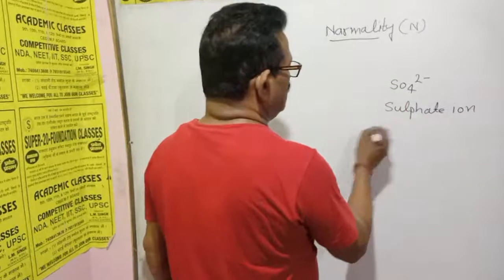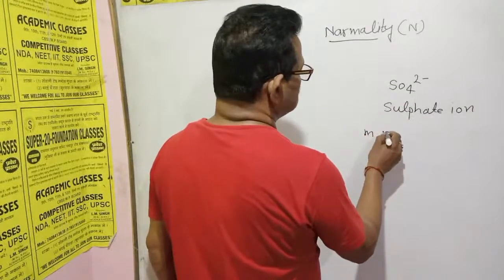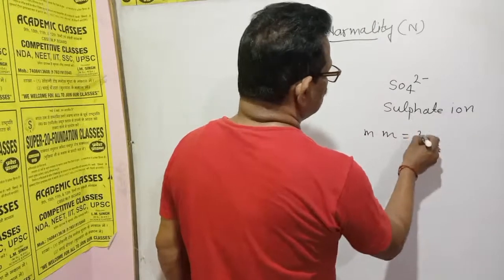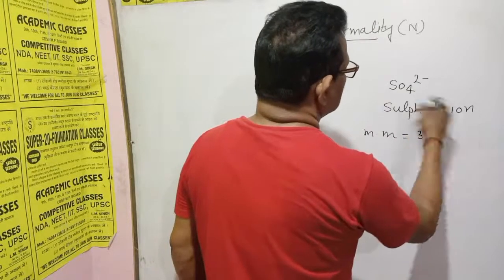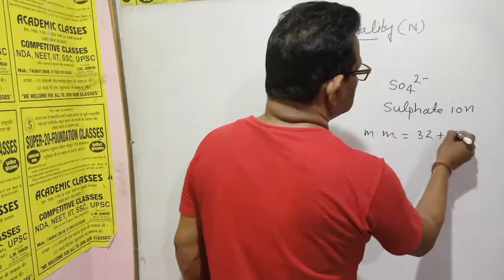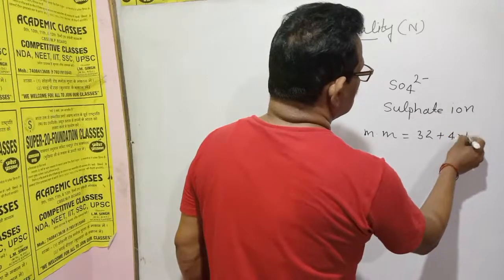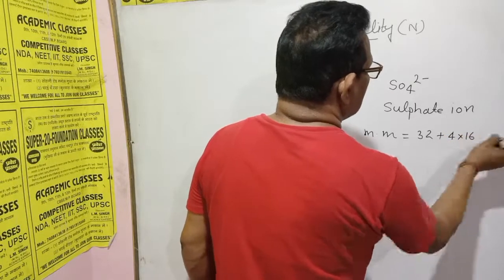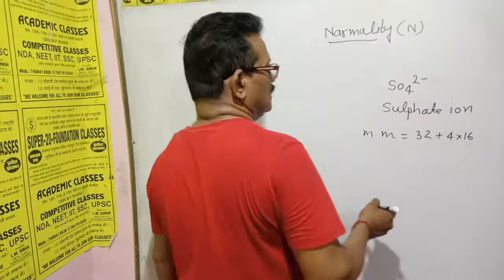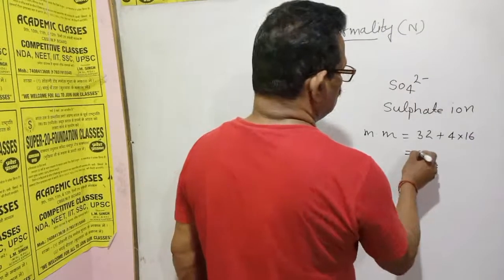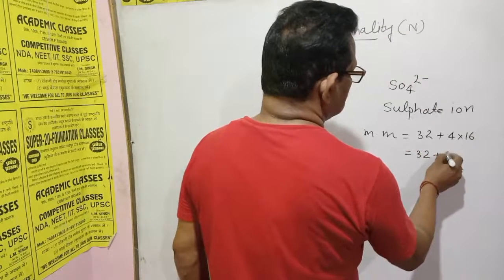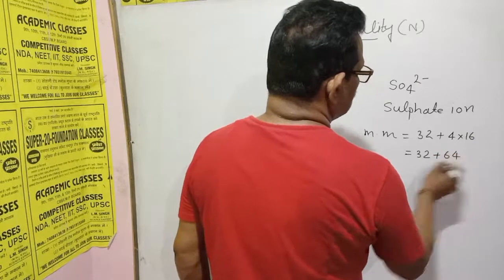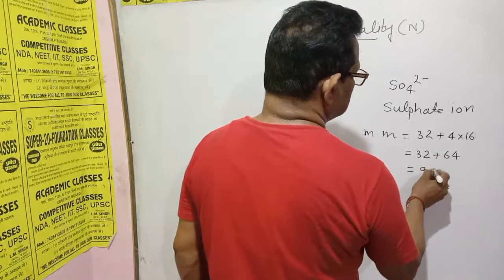Molar mass means 32 plus the number of oxygen, which is 4 here, 4 into 16. So the molar mass is 32 plus 64, which means 96.